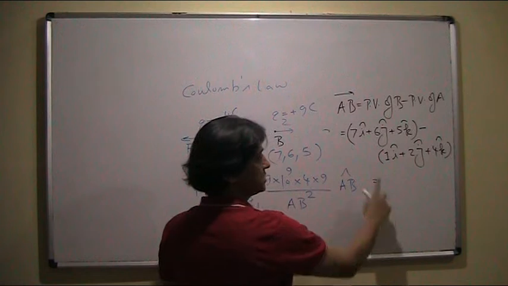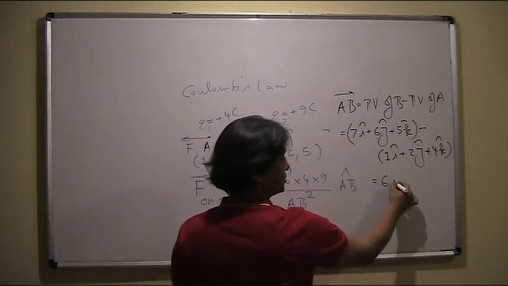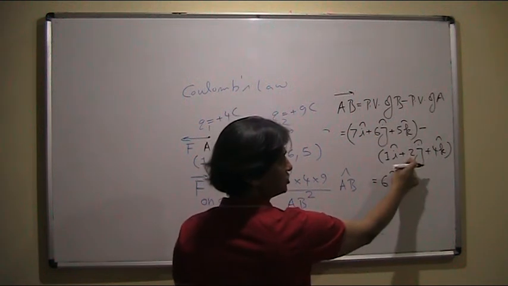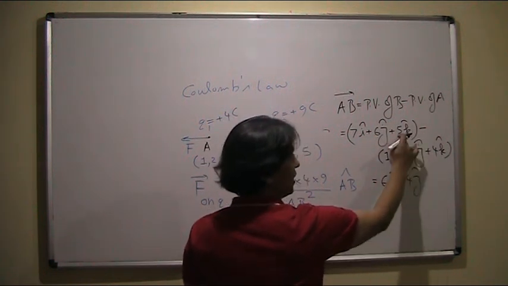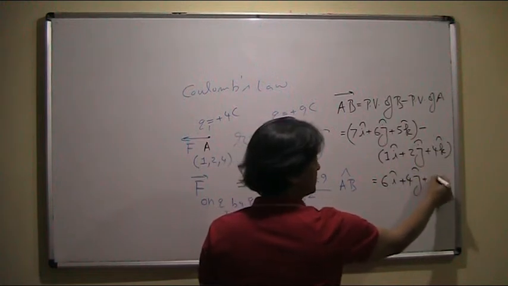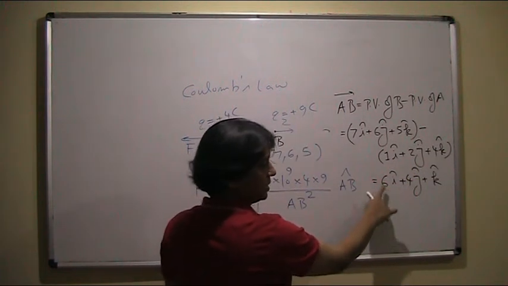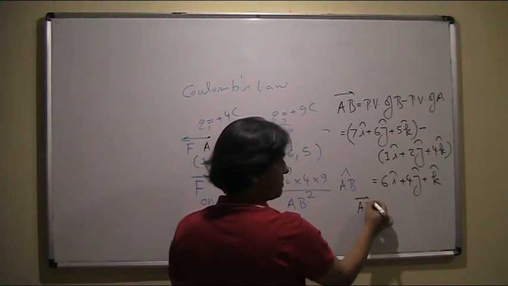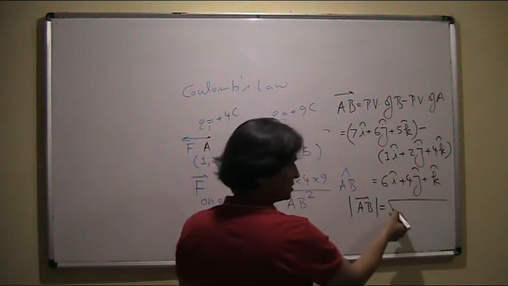And then this is 7 I cap minus 1 I cap, which gives you 6 I cap, plus 6J minus 2J, that is 4J cap. 5 minus 4, that is simply K cap. That's your AB vector. And then you know how do we find magnitude of a vector. For finding magnitude, we simply do this.